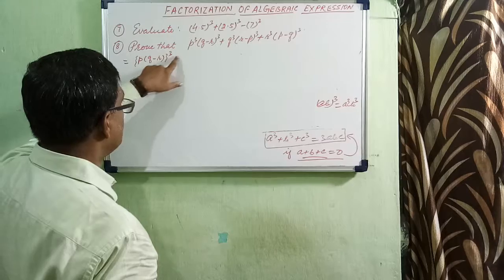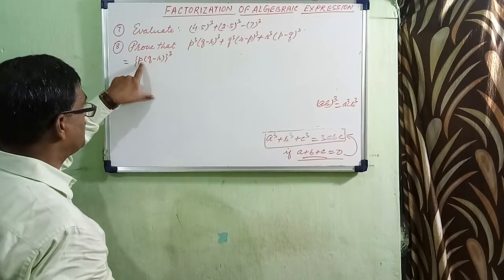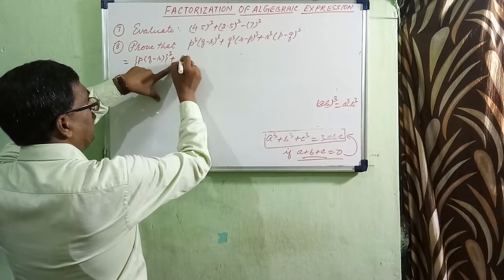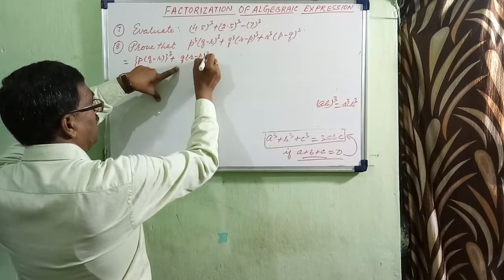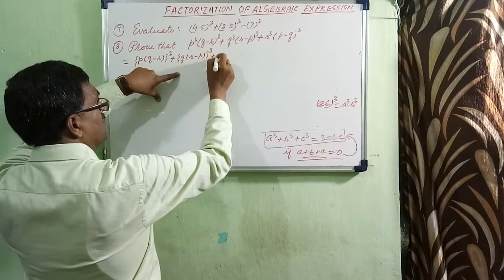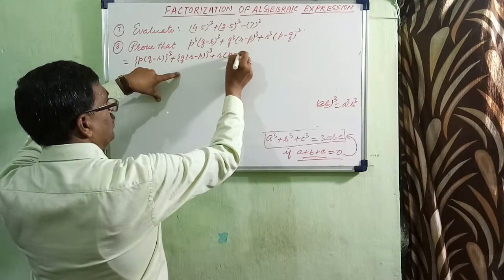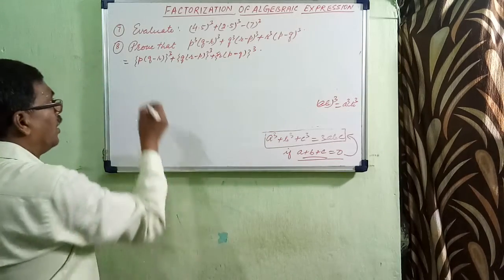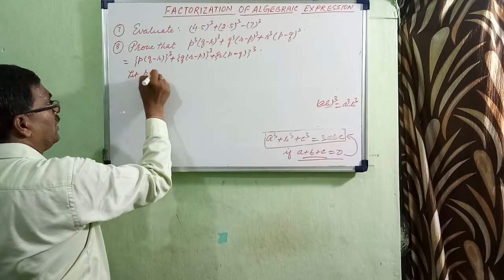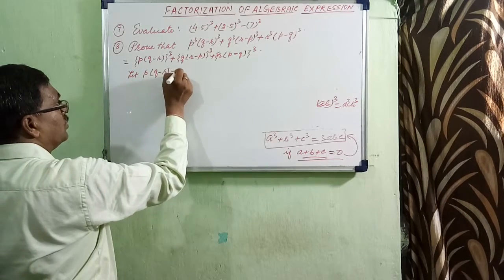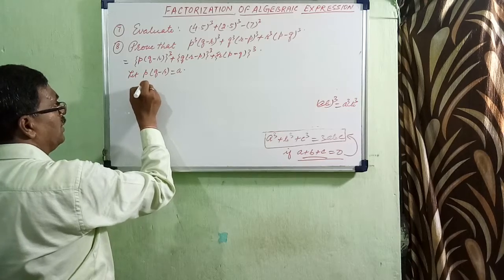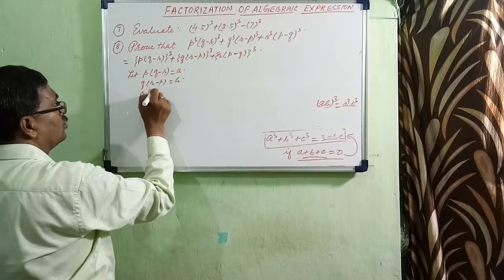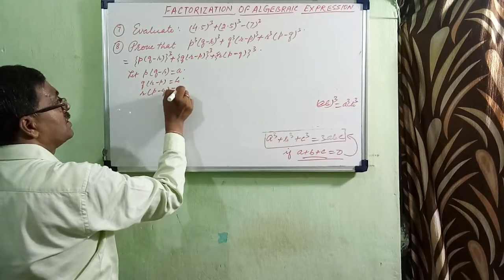The same way, if it is cubed, P cube into Q minus R whole cube plus Q cube into R minus P whole cube plus R cube into P minus Q whole cube. And now let P into Q minus R be A, Q into R minus P be B, and R into P minus Q be C.